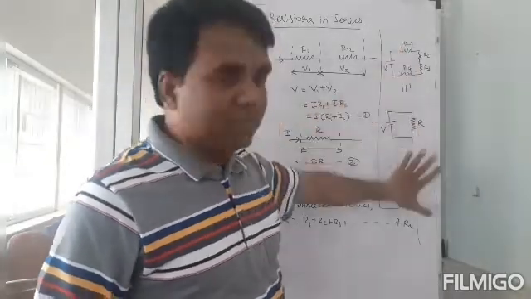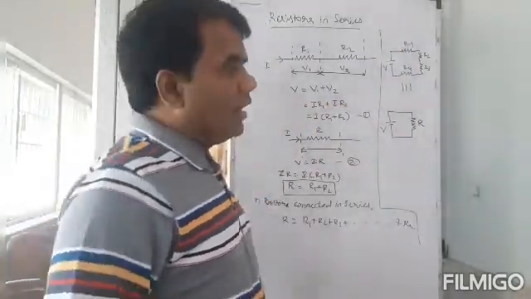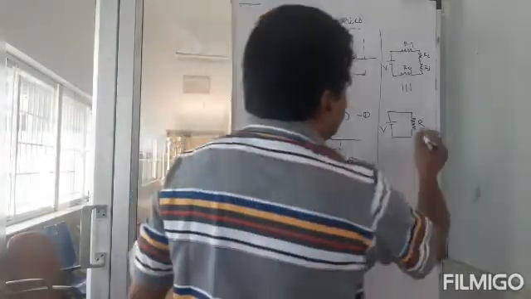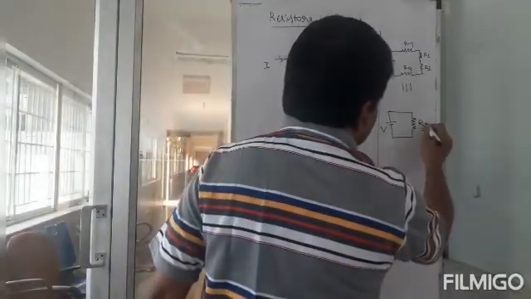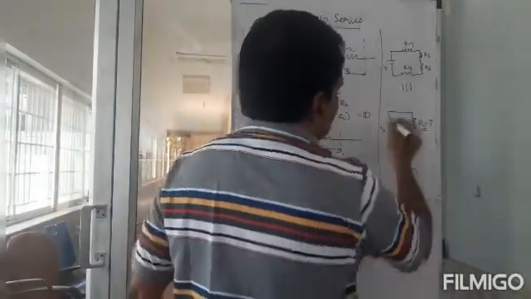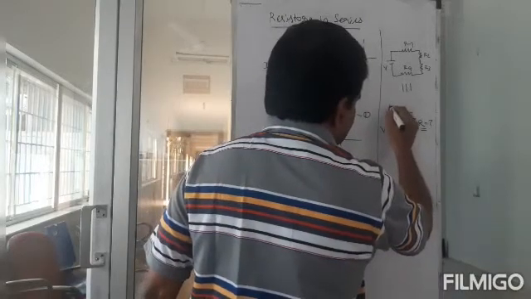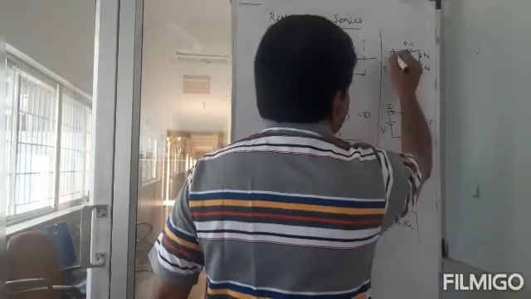If I do this, the question here is, what is the value of this resistance? What is the value of resistance which will draw the same current I from the battery?